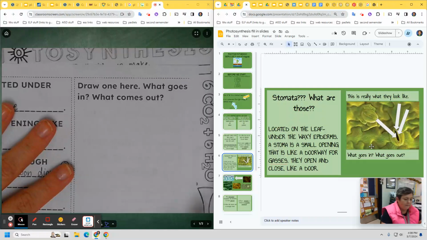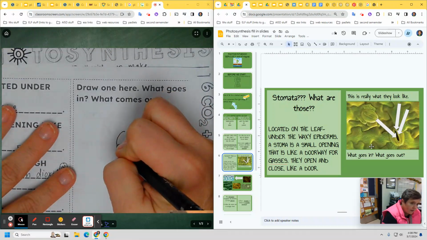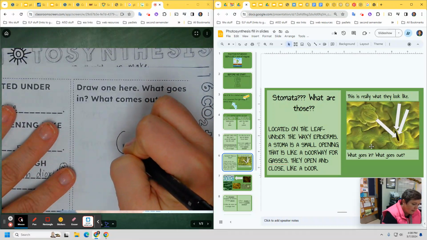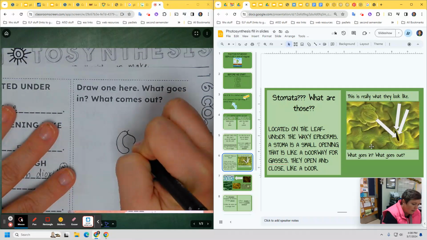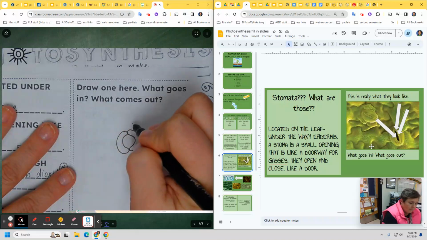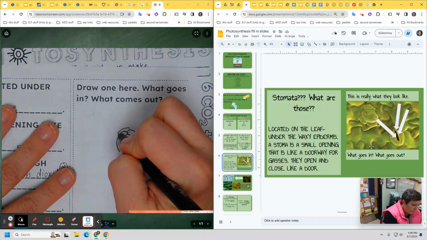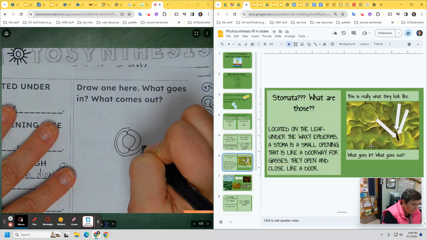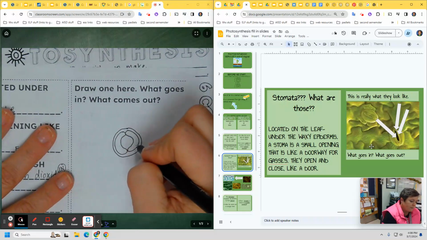Okay, let's draw a stoma. So I like to draw the guard cells. Okay, here's my stoma.